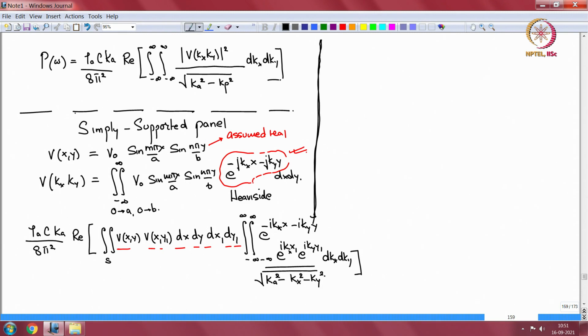So we get rho a c k a by 8 pi squared, integral over surface area, integral over surface area, V of x comma y, V of x1 y1, dx dy dx1 dy1. Now the real comes in here.